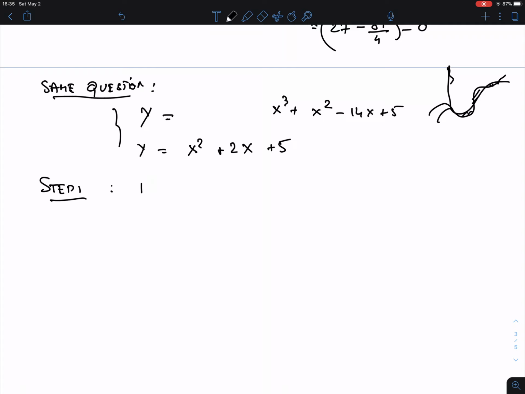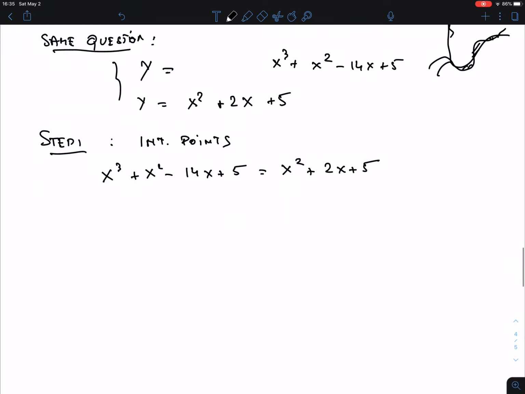We find the intersection points. So x cubed plus x squared minus 14x plus 5 equals x squared plus 2x plus 5. Bring everything to one side, the 5's cancel, the x squared cancel, and I have x cubed minus 16x, so I factor out an x: x times x squared minus 16.